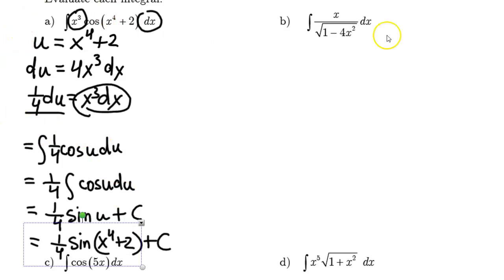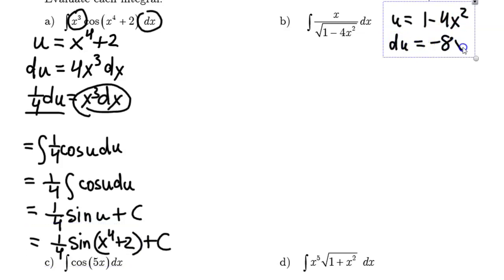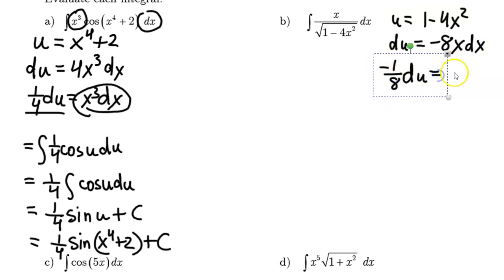Okay, so let's let u, I have some space here so I could write it over here. So let's let u equal 1 minus 4x squared. So then du would be equal to negative 8x dx, don't forget the dx. And negative 1/8 du, if I divide both sides by negative 8, would be equal to x dx.